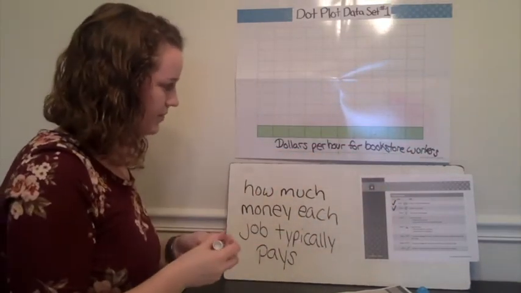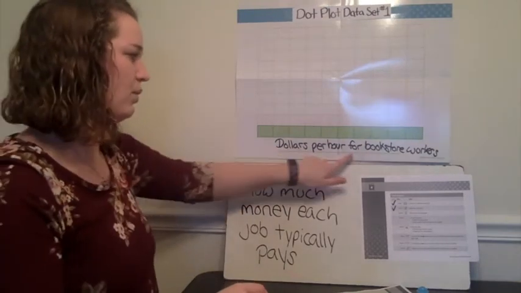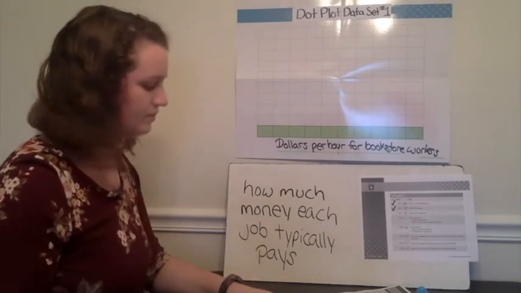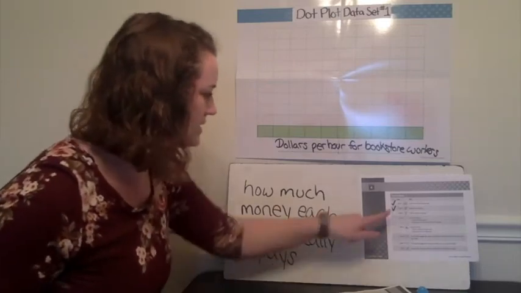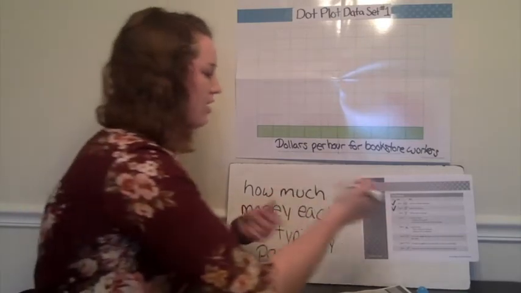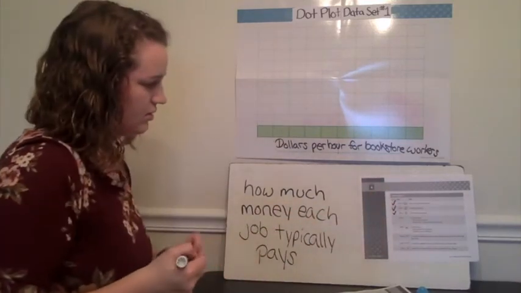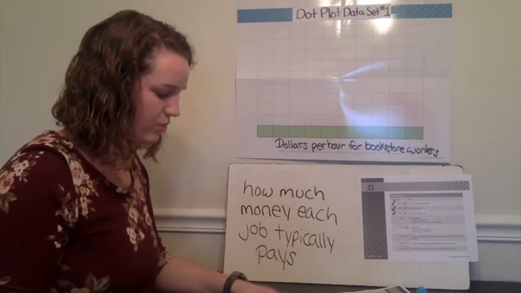All right. So you should have that written down on your paper, dollars per hour for bookstore workers. That's for data set 1. Okay. So that was step 3. So go ahead and check off step 3. And now we're looking at step 4.